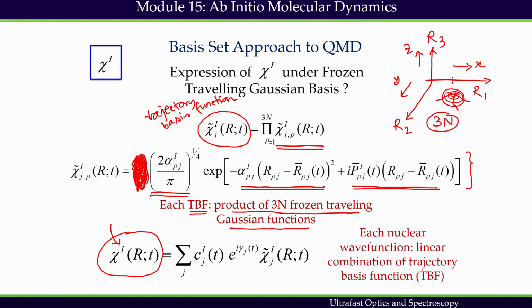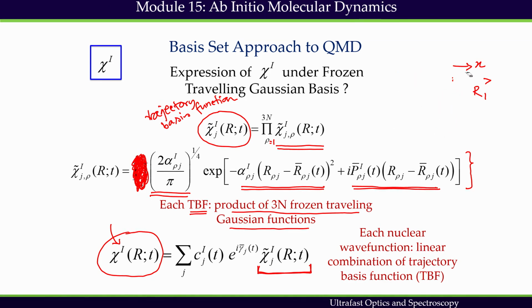many trajectory basis functions. So when we take many trajectory basis functions, clearly each trajectory basis function is representing one way of moving the overall system. Okay, and so let's say again I will reduce this problem to one dimension. Let's say this is one trajectory basis function. Again, a trajectory basis function is a three-dimensional wave function, but for simplicity, I'll take a one-dimensional wave function.